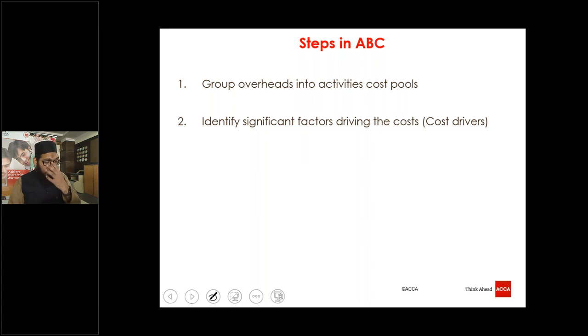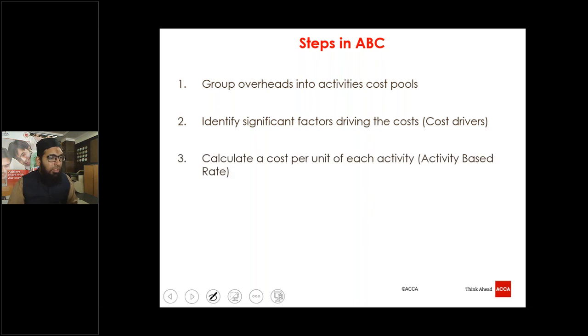For example, if the cost is production setup, the appropriate cost driver will be number of setups. Then we calculate the cost per unit of each activity, and this is known as the activity-based rate. And then finally we absorb activity cost based on usage of drivers.